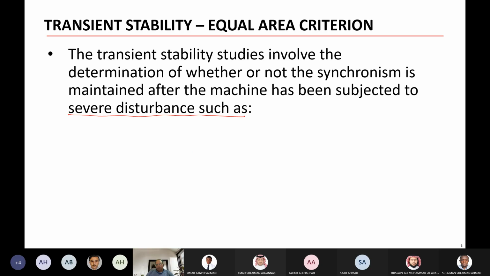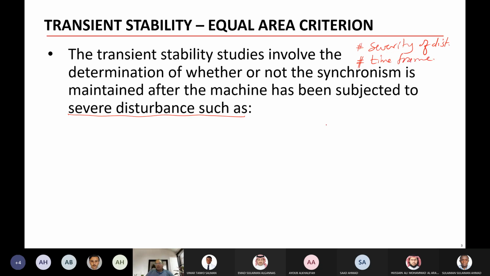If you still remember, when we talked about steady state stability, transient stability and dynamic stability, the idea behind the classification of these stability types is the severity of the disturbance and also the time frame.